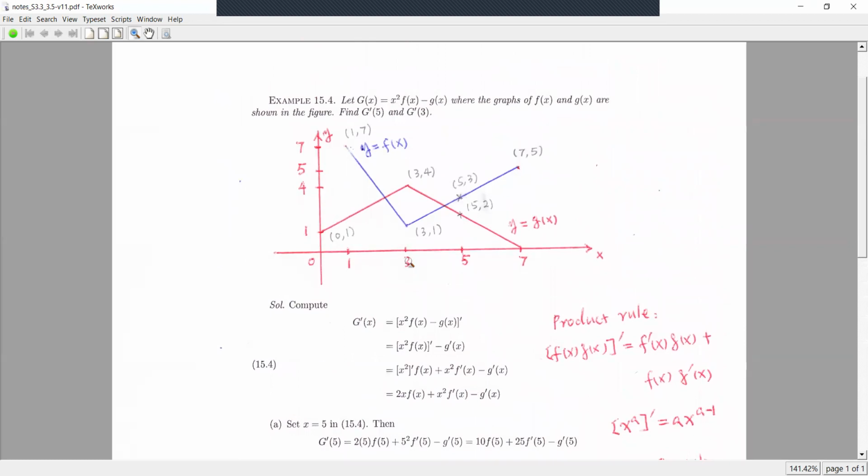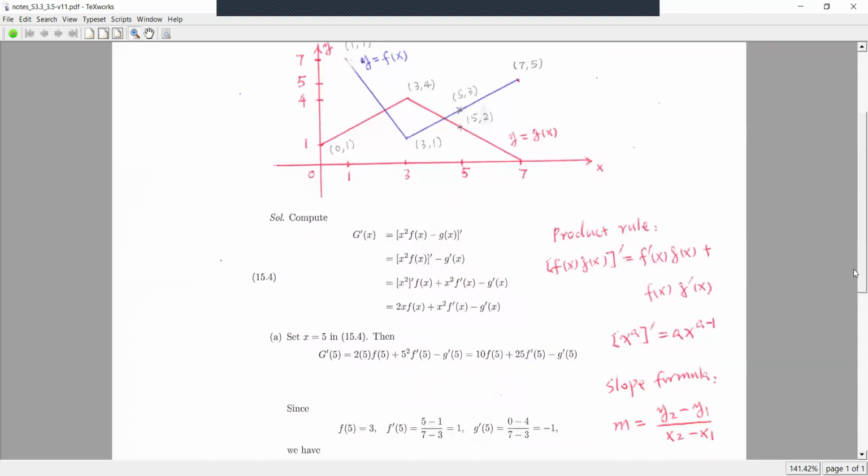At the point 3, the graph of f has a corner. Recall that when the graph of a function has a corner, there the graph has no tangent line, because the derivative is the slope of the tangent line. No tangent line, therefore, at the corner, no derivative.